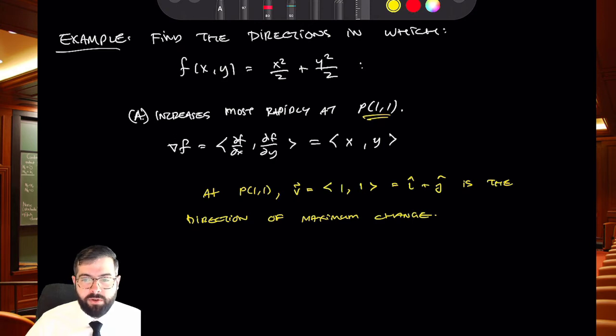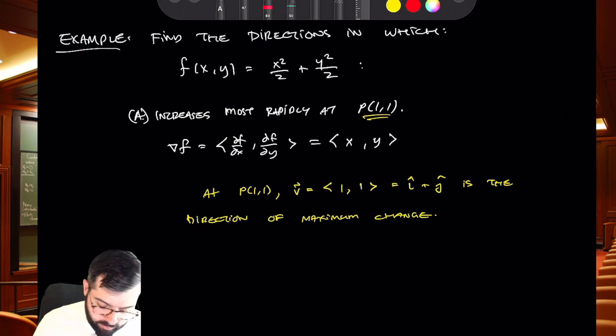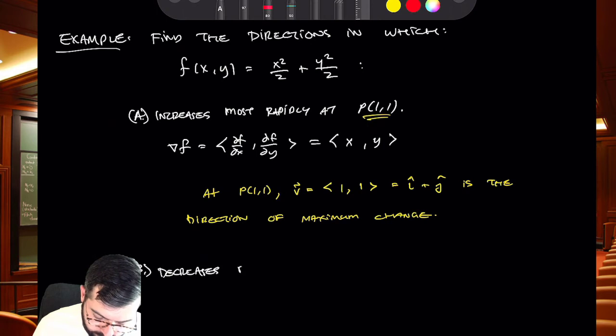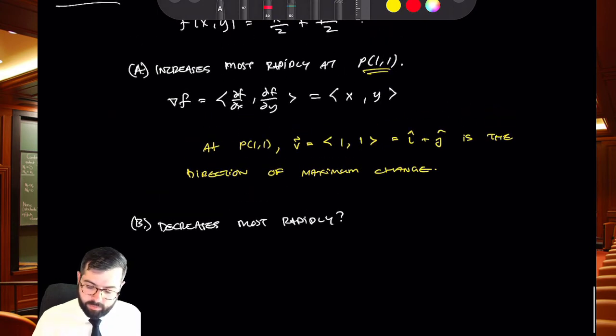You could ask, too, how fast is it changing there? That would be the magnitude of the gradient. So how about the direction in which it decreases most rapidly at 1, 1?